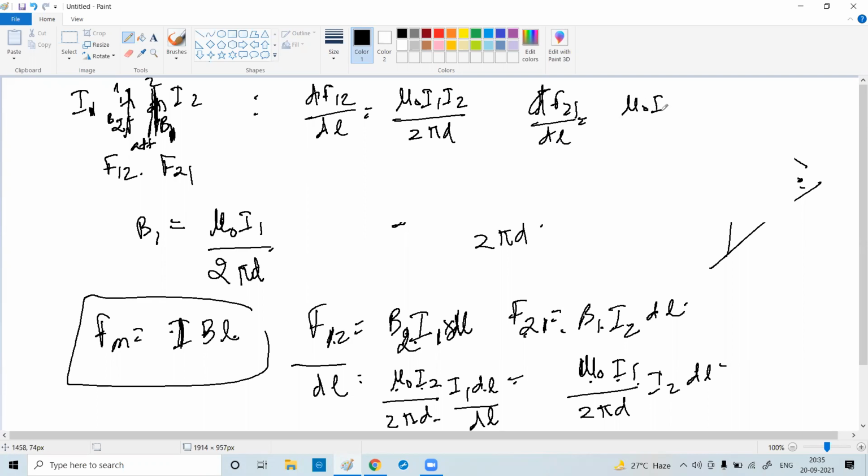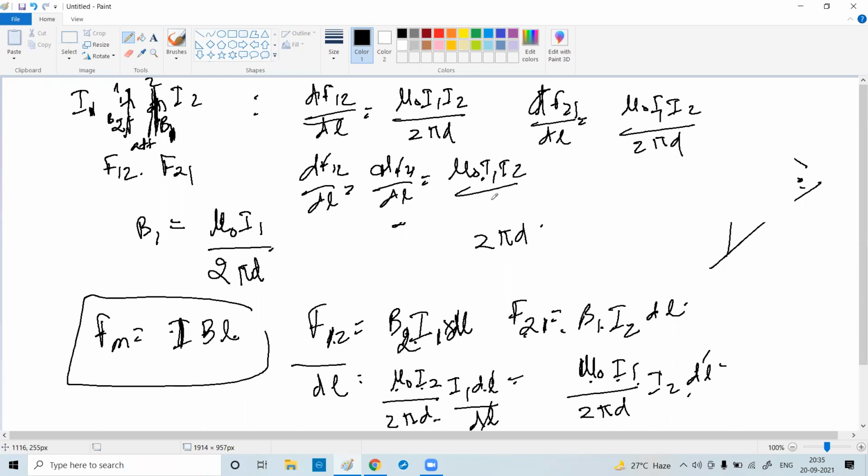Mu naught I1 I2 divided by 2 pi d. Because you divided by dL, dL got cancelled. Understood? That means dF12 by dL equal to dF21 by dL is equal to mu naught I1 I2 by 2 pi d.